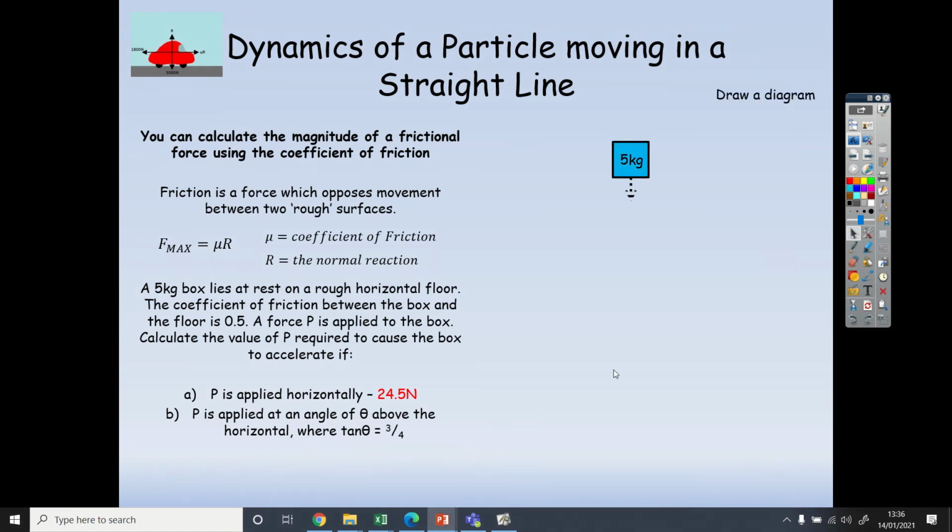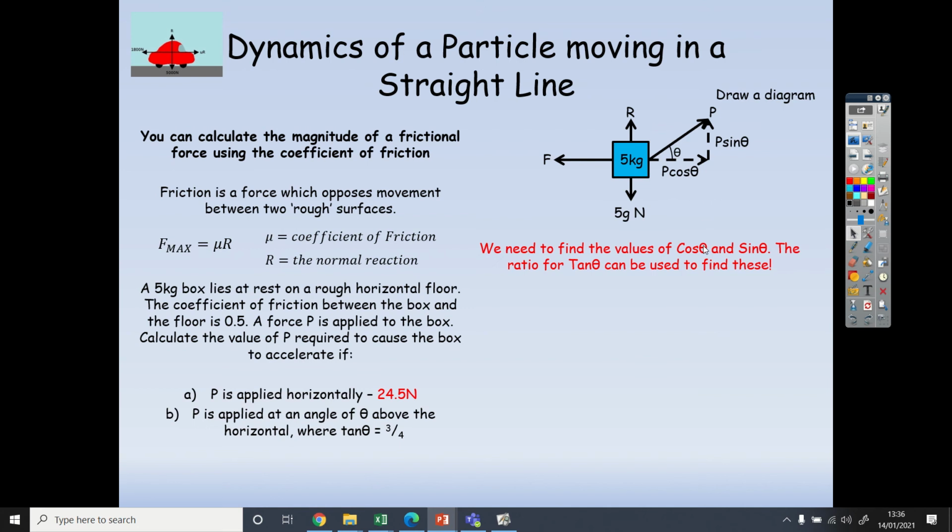All right, so similar diagram. We're going to apply our angle theta, and that's the force P. And then we do need to get these components here, but we can do it using a bit of trigonometry. We know it's P cos theta, we know it's P sin theta, but what we need to do is get these in terms of fractions, which we can do.